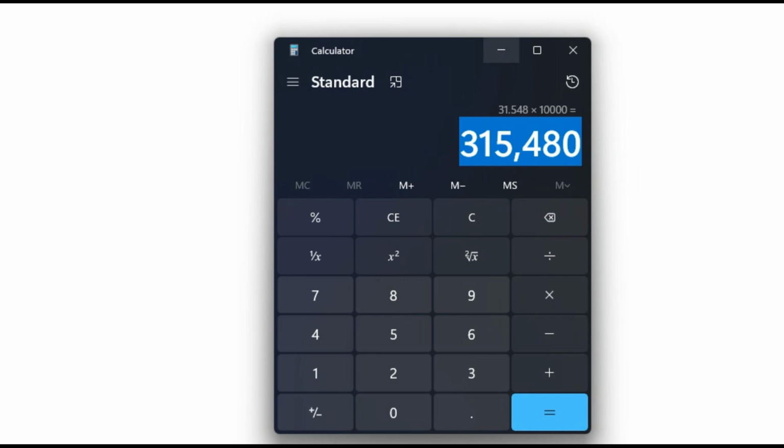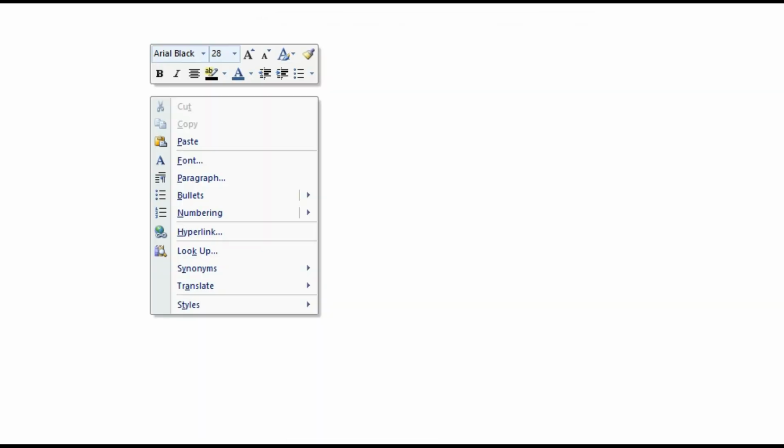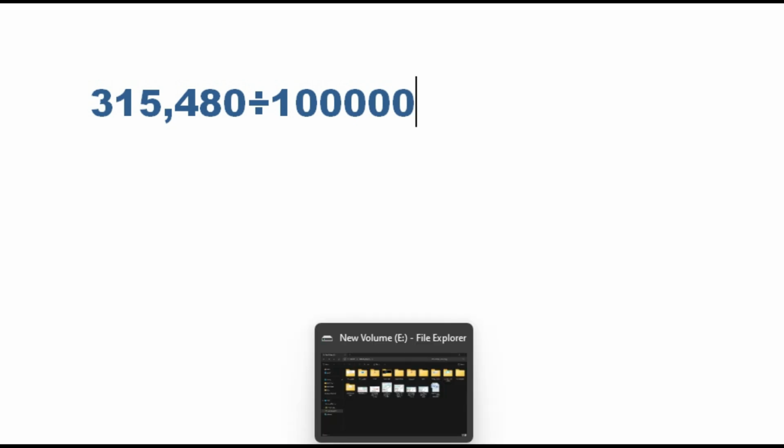So let's calculate the right lot size to enter in the trading platform, MetaTrader 4, MetaTrader 5. After getting this position size, to calculate the right lot size, we divide this by the standard lot size, which is 100,000.